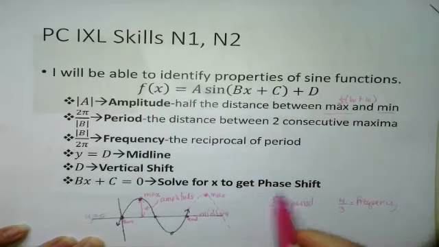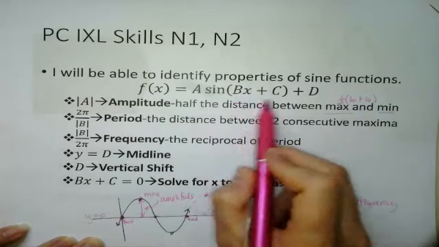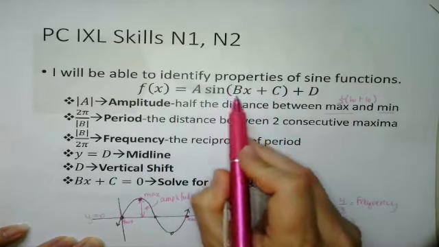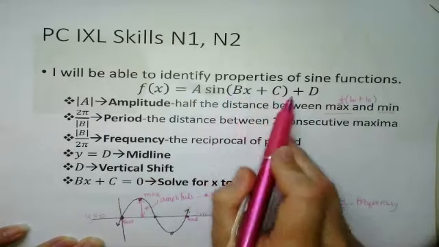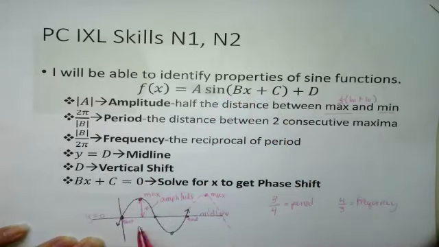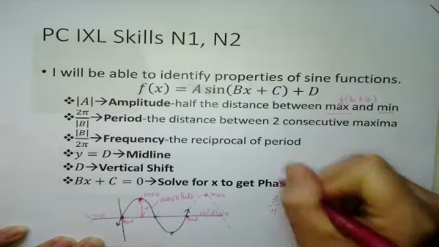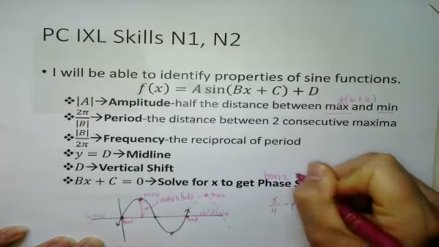They might also ask you for the phase shift. And at the phase shift, if they give you an equation, then all we're doing is taking all this stuff with x and setting it equal to 0 and solving for x. That's also known as the horizontal shift.